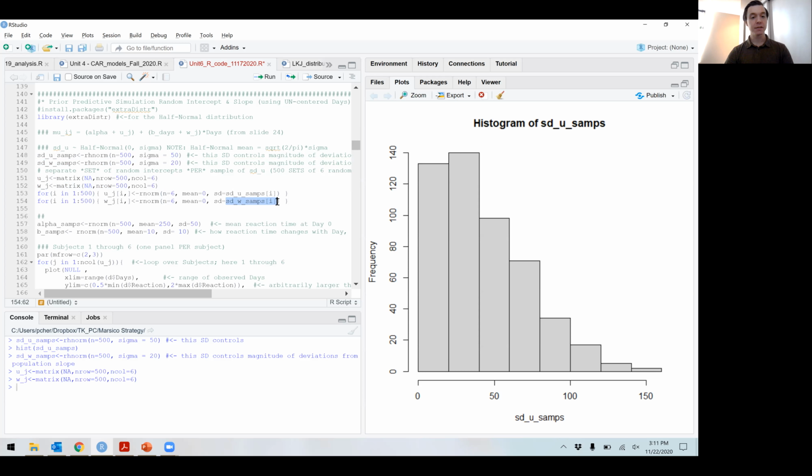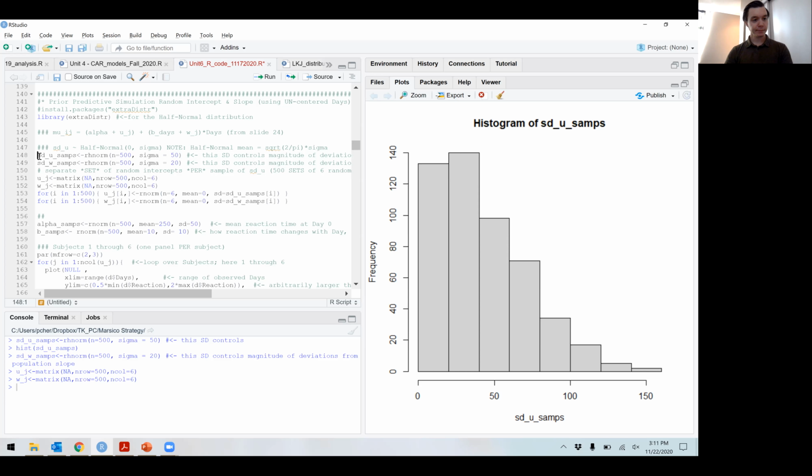Conditional on each random draw of that sigma w, I will generate a set of 6 random slopes. Why 6? I don't want to have 18 panels. It's very hard to see even with 6 panels, but I'm going to have a separate panel per subject, and I will have 500 different a priori regression lines within each panel.